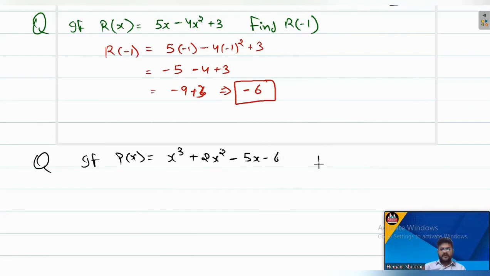Then you have to find out two questions: find p of 2 and p of negative 1. Be quick. And one more, p of 0. These three values you have to find out.